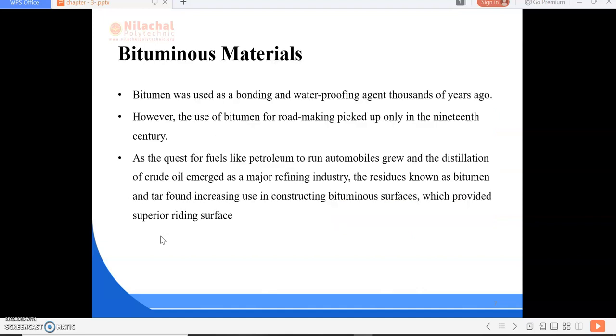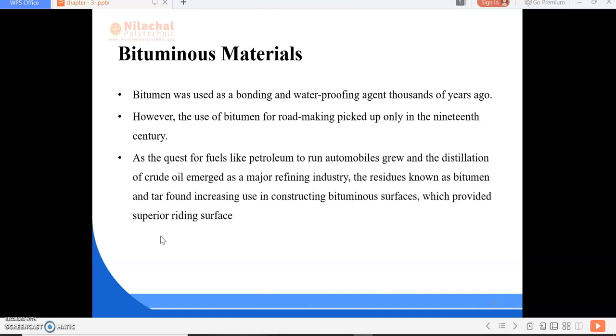Okay. Next is our bituminous material. It is very important, and bitumen was used as a bonding and waterproofing agent thousands of years ago. However, the use of bitumen for road making picked up only in the 19th century.